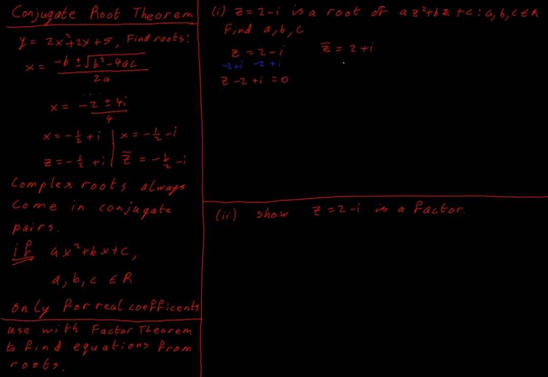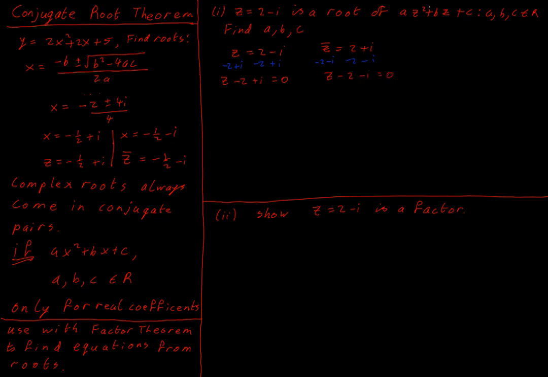And we would have done this in algebra. And again, rearranging this, I'm just going to call this z. So if we rearrange here, I have z minus 2 minus i is equal to 0.